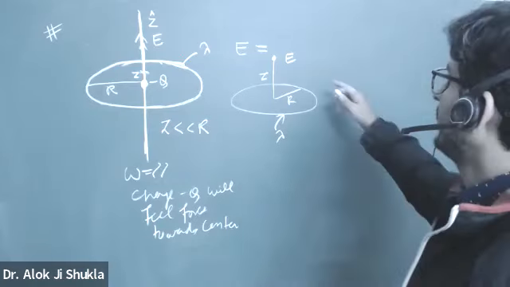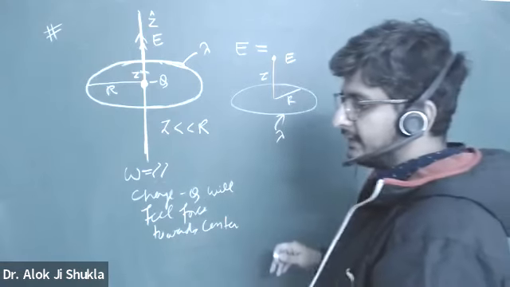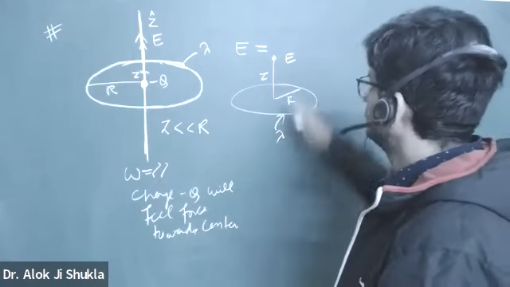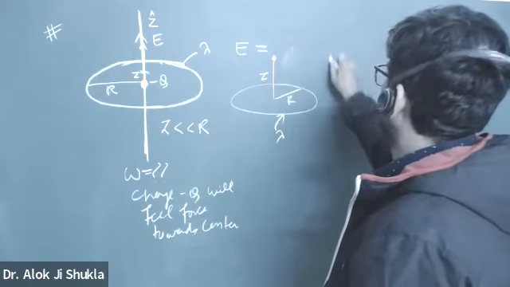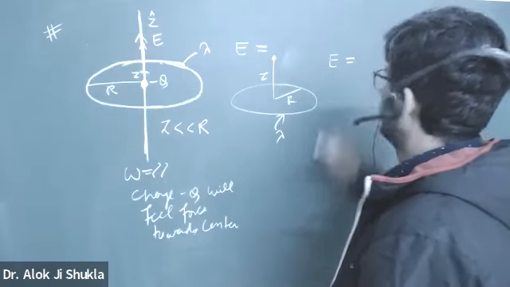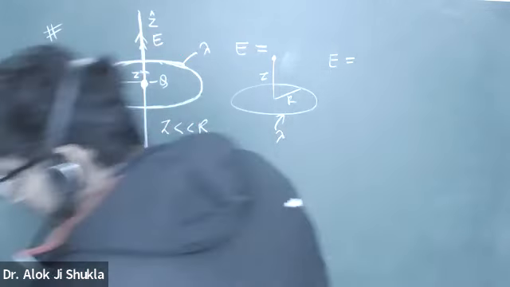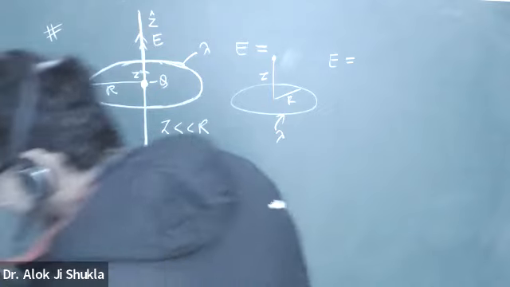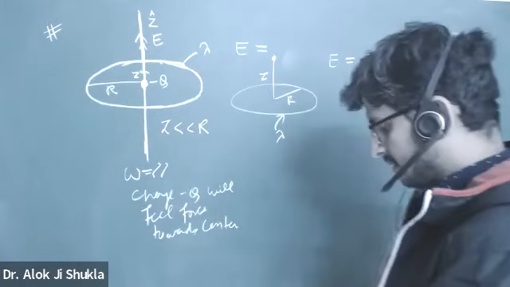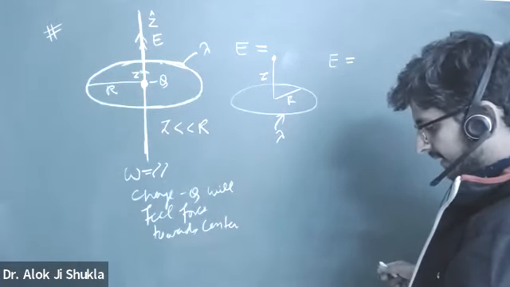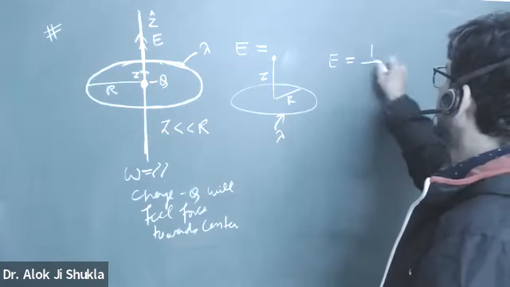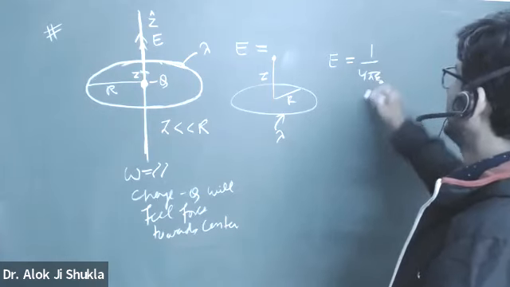So somebody tell me what is the profile of electric field at distance Z? E is equal to lambda upon, so if I write in that term 1 upon 4 pi epsilon naught, ऐसे याद रखते हैं.